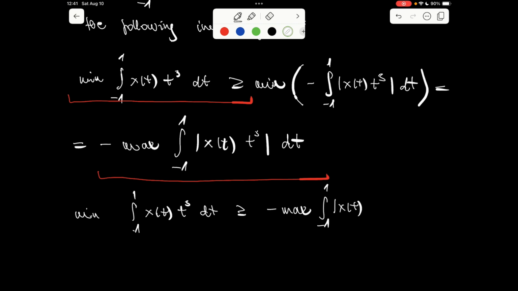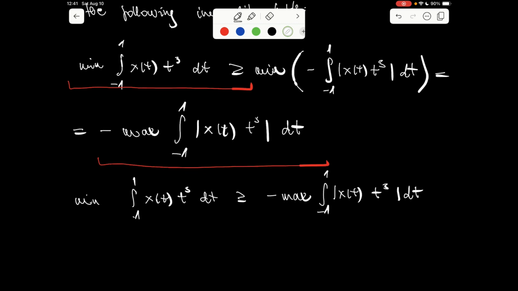And the right hand side is familiar from the previous exercise. Okay, so the value of the integral on the right is the same as it was in the previous exercise, and we simply multiply it by -1. So just a kind reminder of the previous problem.